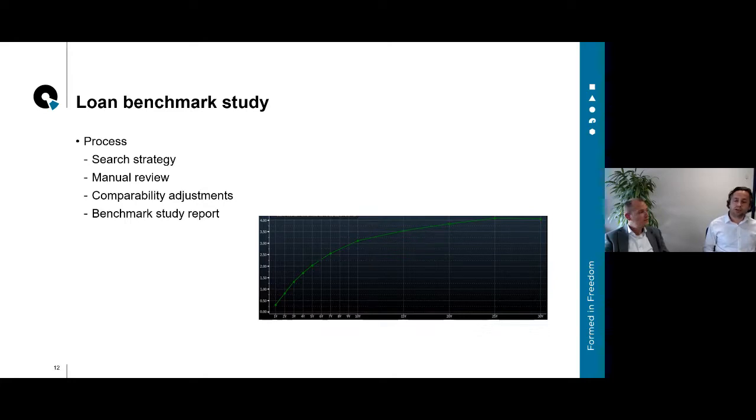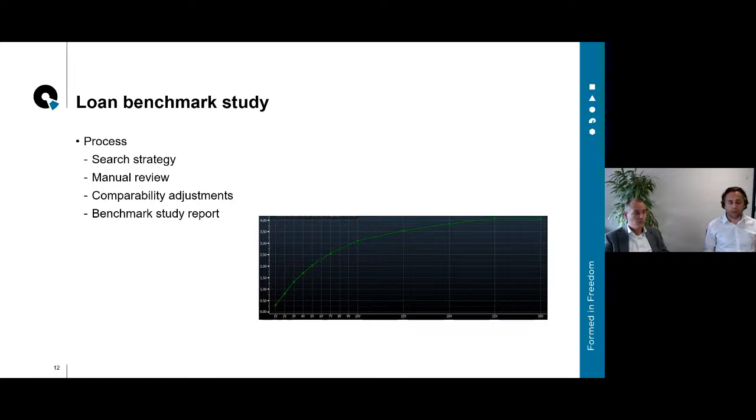I think after you've set the search strategy and you applied the correct methodology, you go into the manual review, but this is the same as for royalty agreements. So you look at the contracts and see whether there are any deviations that you should address. If you have a set of comparable companies and you're still not feeling all well with the comparables because there are some small differences that can be adjusted, we can also apply comparability adjustments.